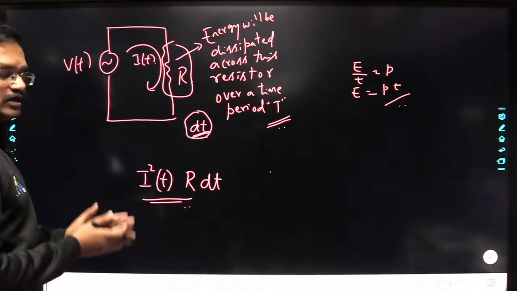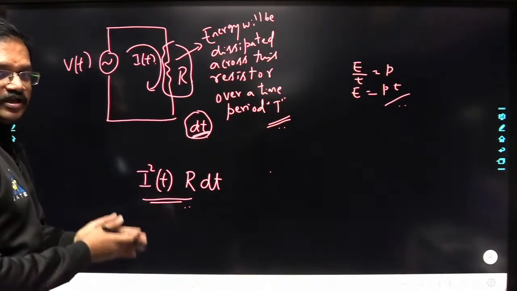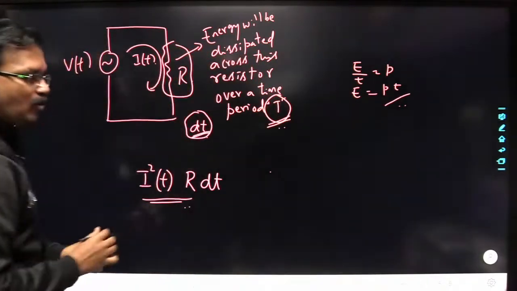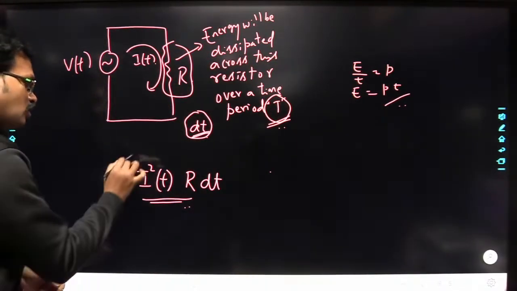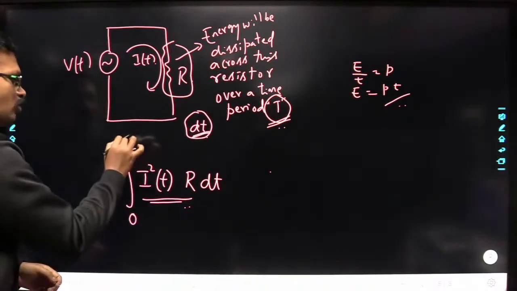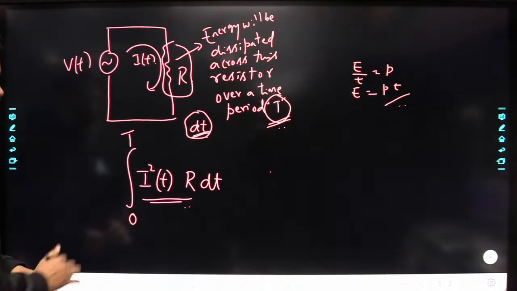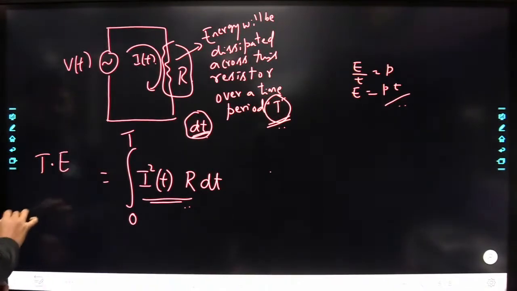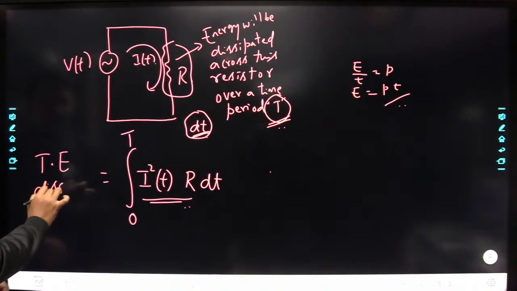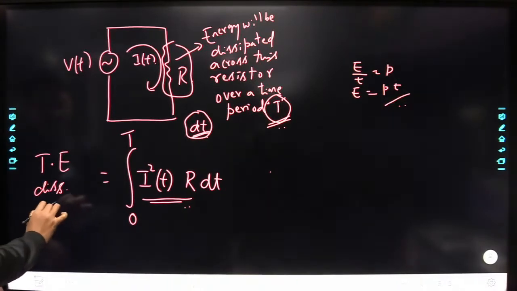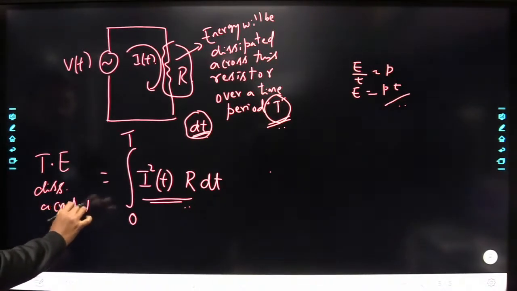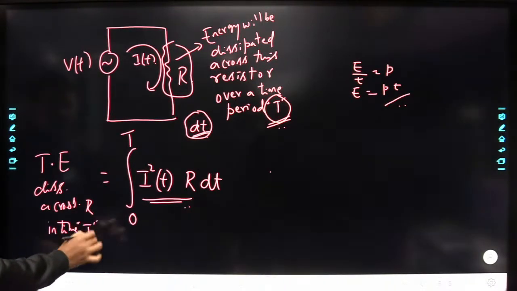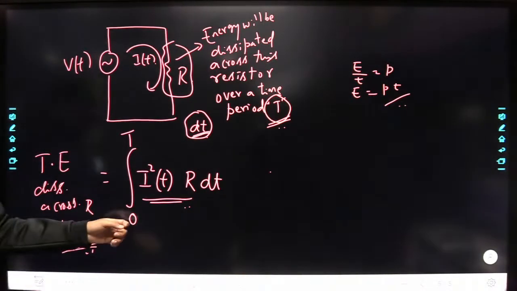Now if I want the total energy dissipated over a total time period t, you have to integrate over its time period. This is going to give you the total energy dissipated across R in time t. Yes or no?